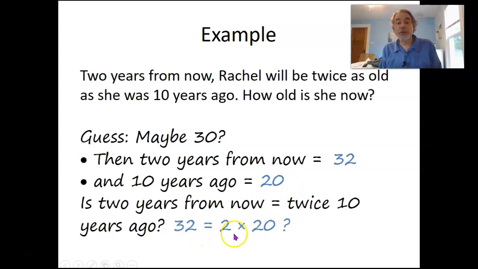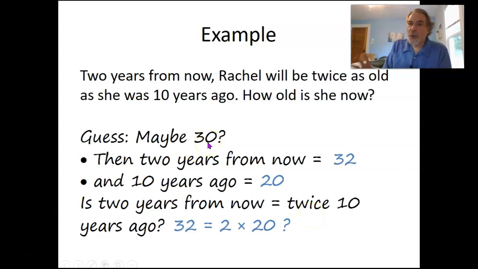Is 32 equal to twice 20? 2 times 20? Well, no. So we were wrong. I didn't expect my guess to be correct, but now that we've gone through this, we can get a handle on what we were doing to check that guess.